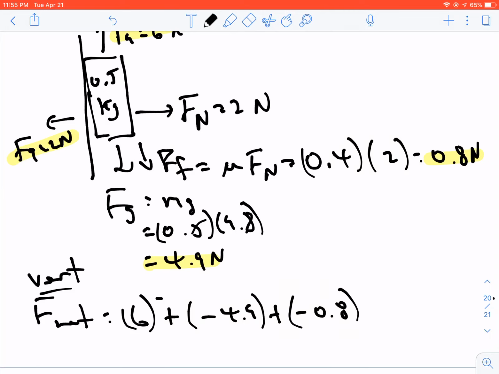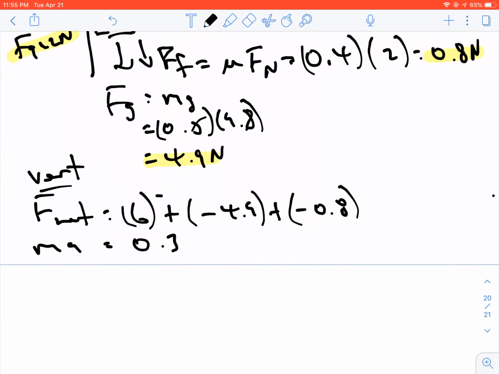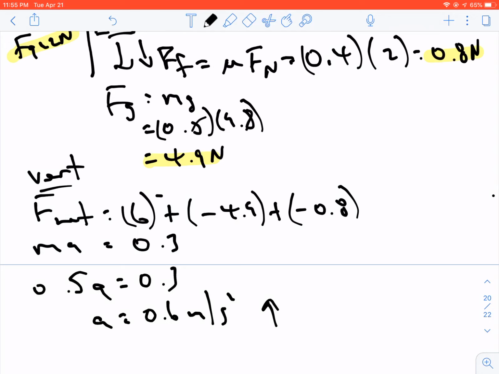F net is equal to ma. 6 minus 5.7 is 0.3. Mass was 0.5. So the acceleration is 0.6 meters per second squared. And it's positive, so it's going up the wall.